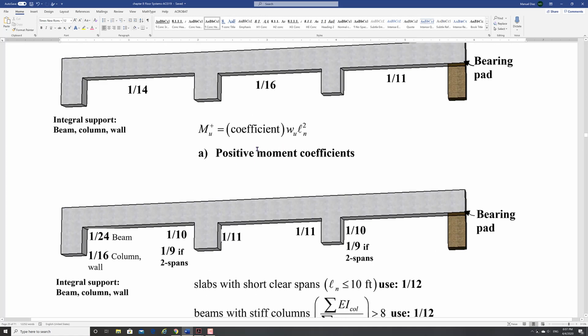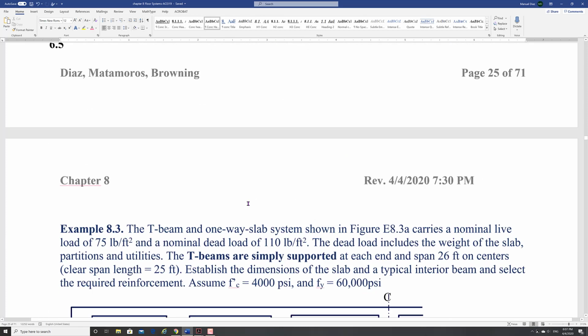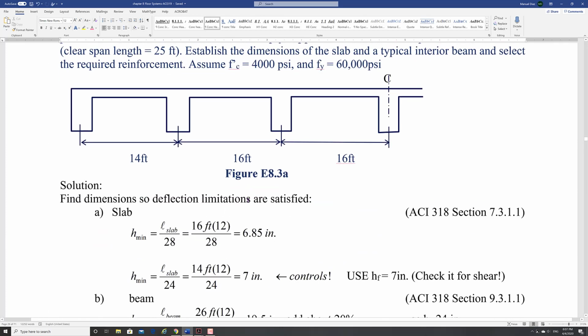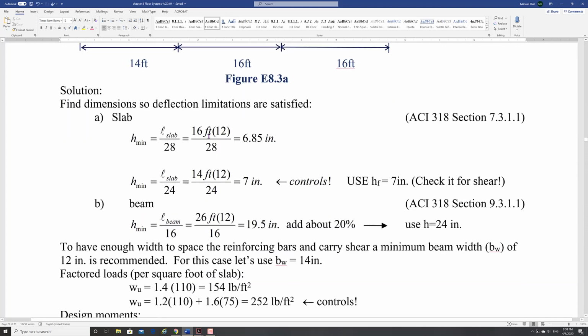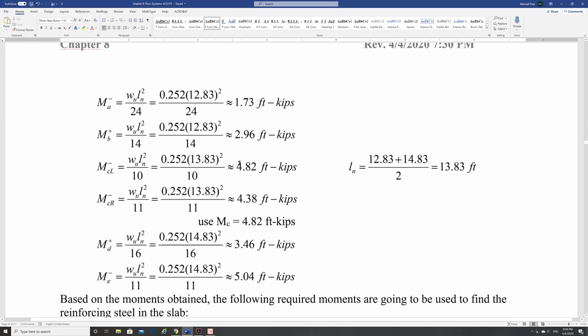In our case, the span lengths here are 14 and 16. So when we do these moments, the 1/10 and the 1/11, I have to use the average. Here is the average for the 1/10, average of the lengths, and I got that. The average for the 1/11, and I got that one.